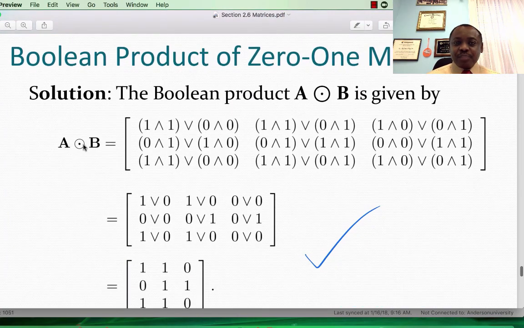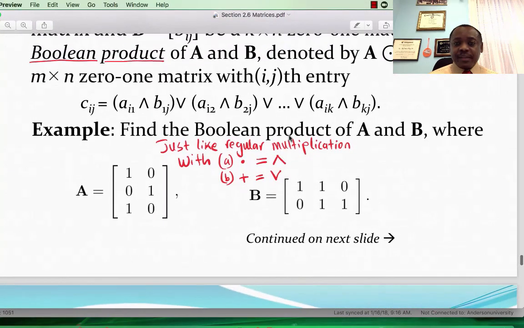See that? So the Boolean product of A and B, which is A circle dot B, would be 1 and 1 or 0 and 0, and the next would be 1 and 1 or 0 and 1. The next would be 1 and 0 or 0 and 1.